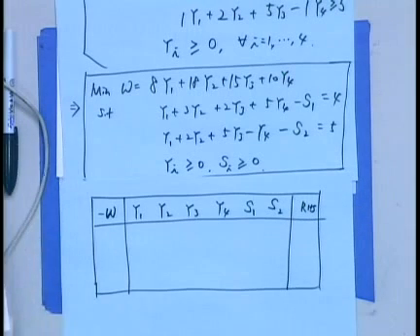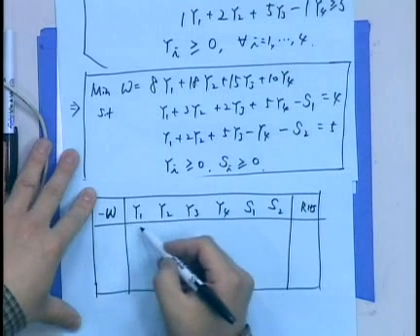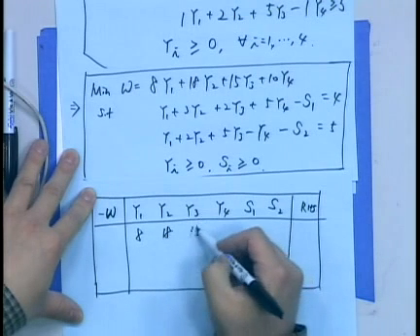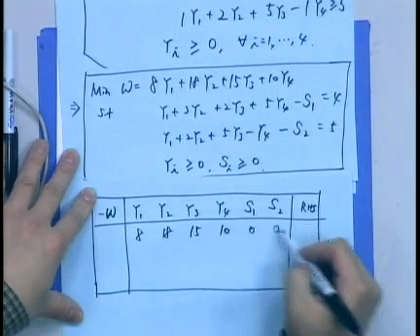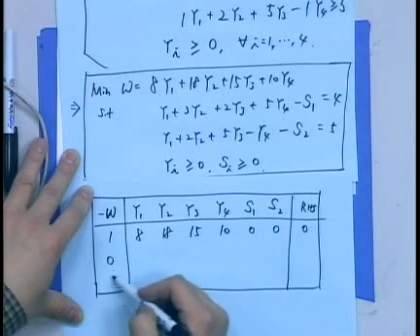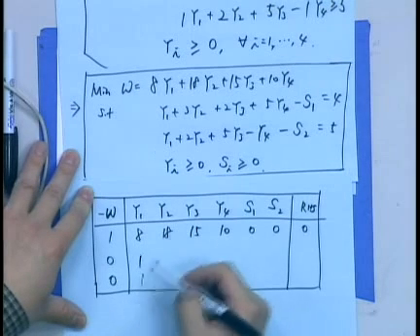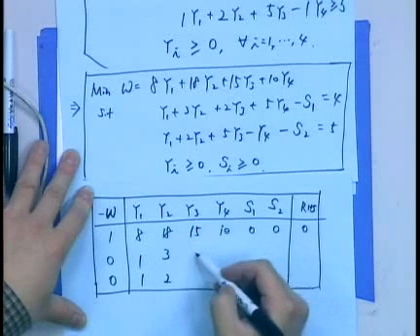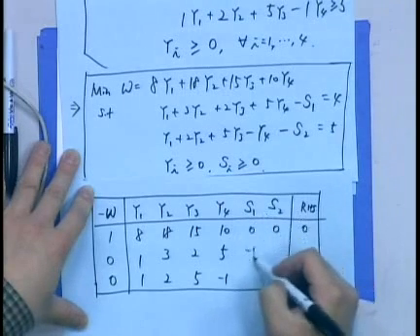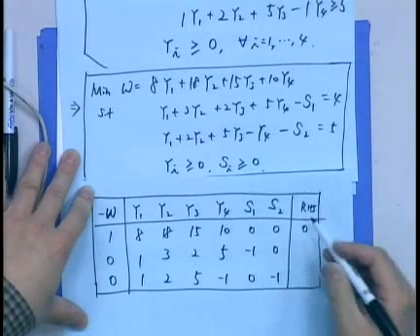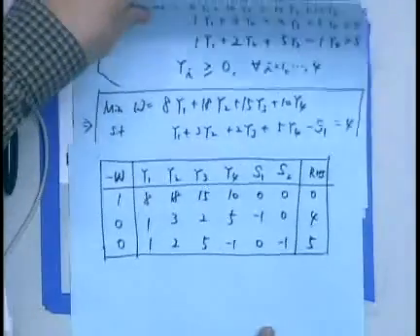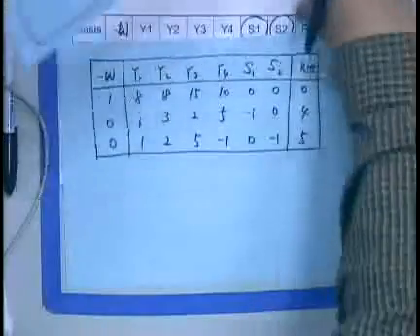Is that right? 8, 18, 15, 10, 0, 0, 0, then 1, 0, 0, 1, 1, 3, 2, 2, 5, 5, negative 1, negative 1, 0, 0, negative 1, and 4, 5. Is that right? So this is the initial table for the dual problem.